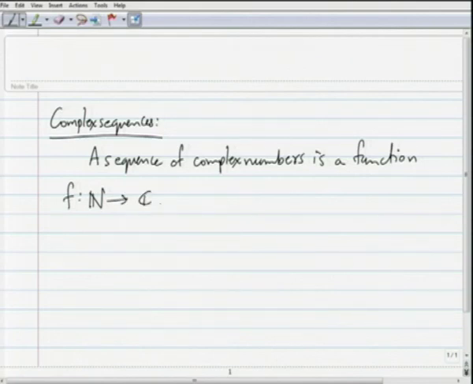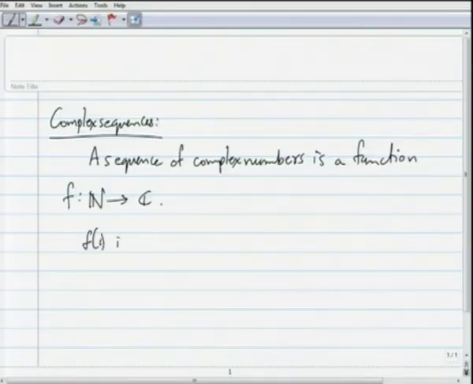What that means is that assigned to each natural number, or to each counting number, there is a complex number. So, there is a first complex number, a second complex number, etcetera, that we can talk of via this function f. So, that is a complex sequence.